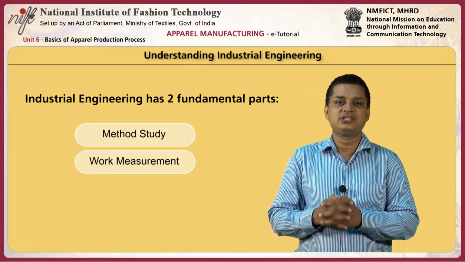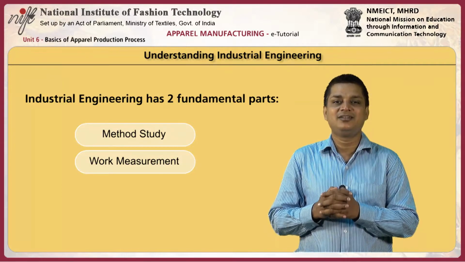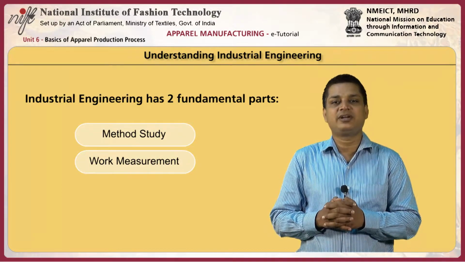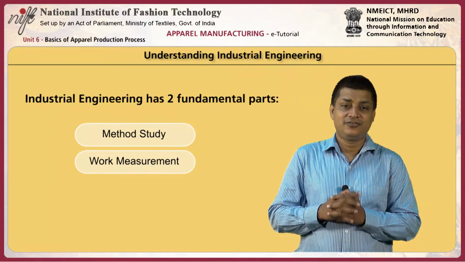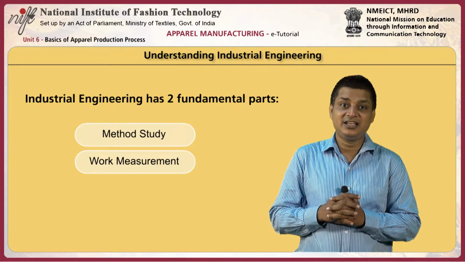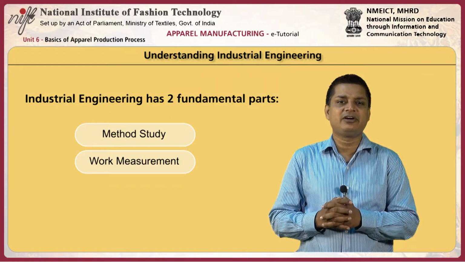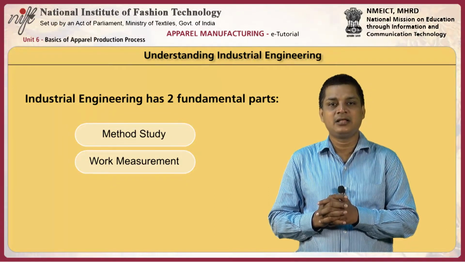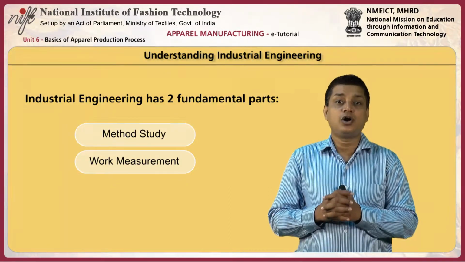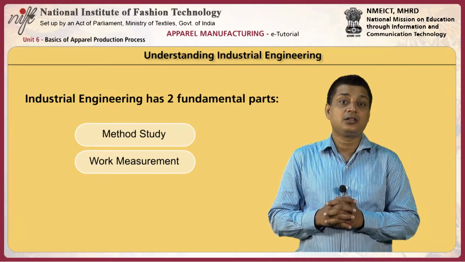Industrial engineering, which is often substituted by the term work study, has two fundamental parts. First is method study and second is work measurement. In this unit, we will cover method study first and then work measurement: the how to and then the how long.